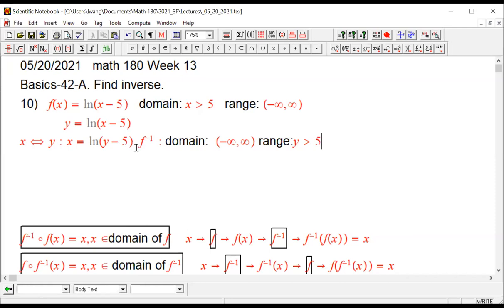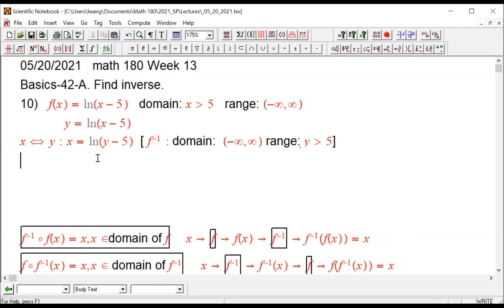Overall, it just has to guarantee that the domain and range make everything just right, and everything we operate is in the domain and range.